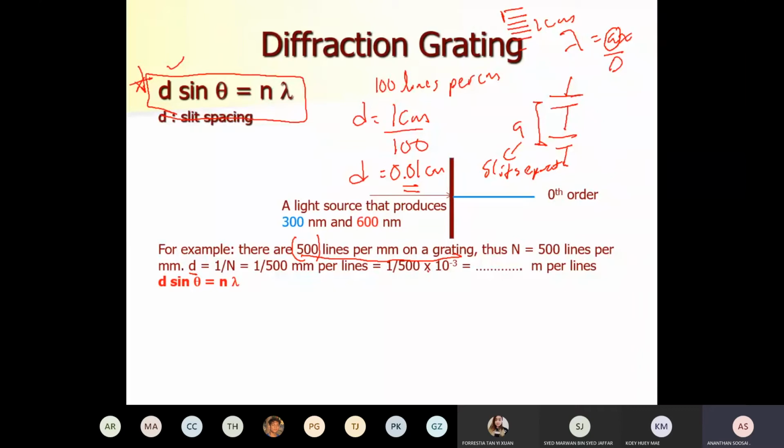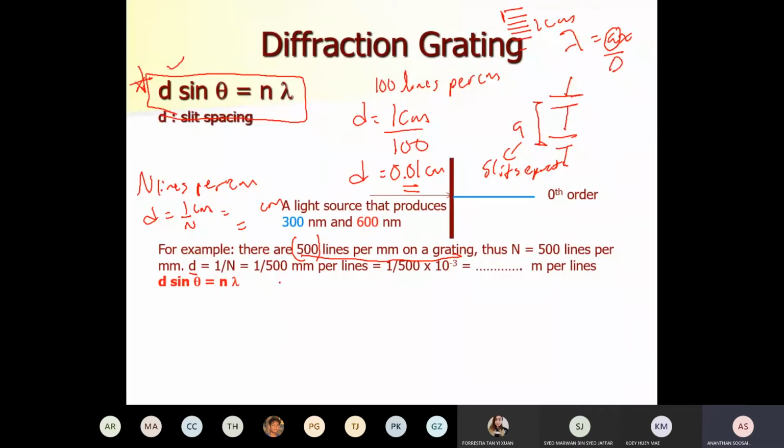This is your d. If they say n lines per centimeter, d is 1 over n, with the 1 being 1 centimeter, so you get d in centimeters.